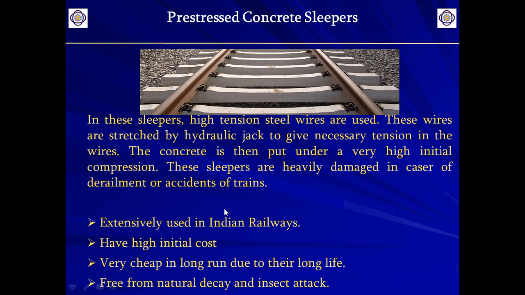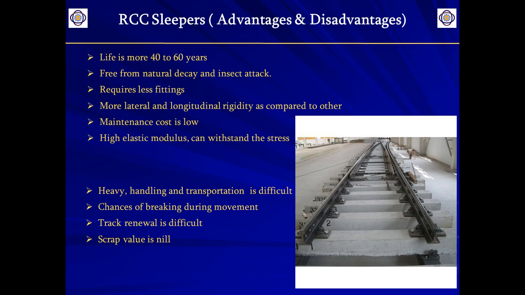Next kind of sleepers are concrete sleepers, starting with RCC sleepers. As they are manufactured from concrete along with reinforcement, they can bear compressive stresses as well as tensile stresses. Life is more, up to 40 to 60 years in case of RCC sleepers.